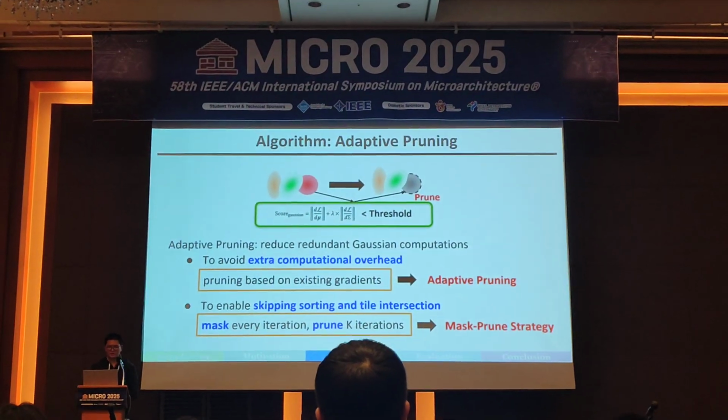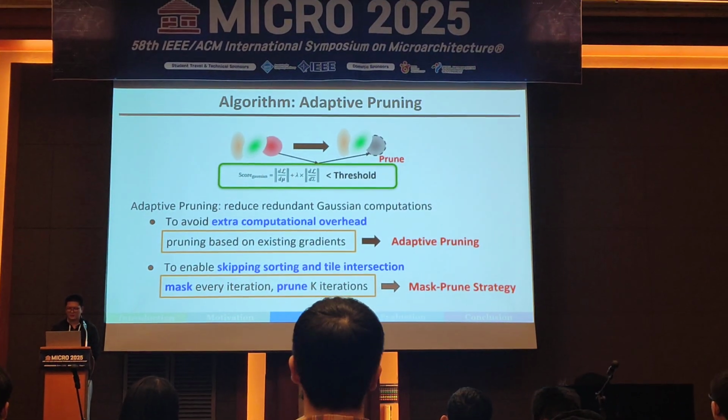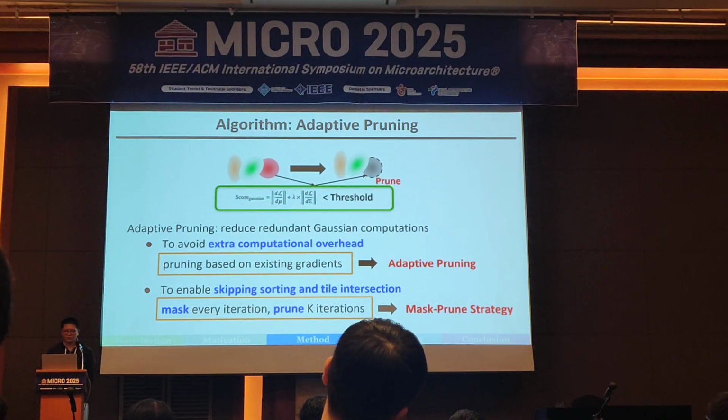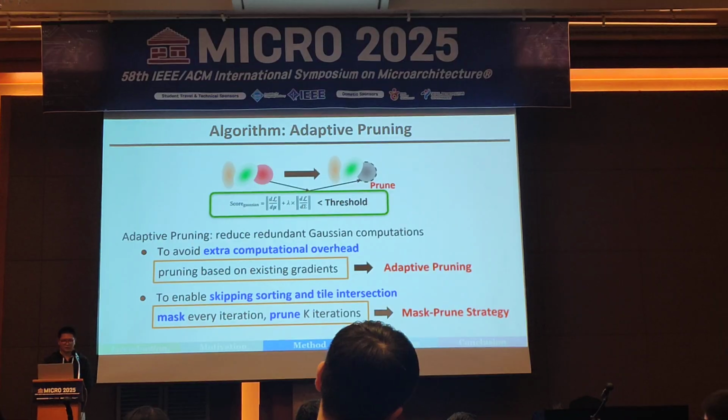To address the redundant Gaussians, we propose adaptive pruning, which performs pruning based on the existing gradients to avoid introducing additional overhead.